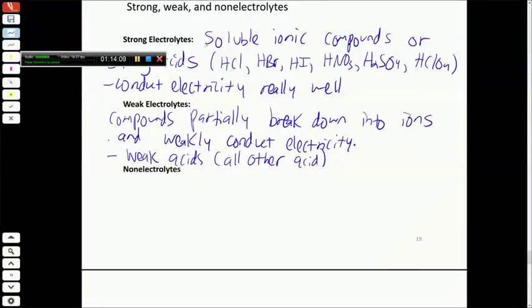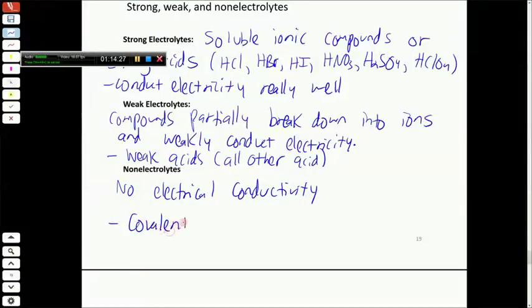And then finally, the last category is non-electrolytes, which means when you dissolve these compounds in solution, you get no electrical conductivity. The examples of non-electrolytes that we should worry about are covalent compounds that are not acids or bases.